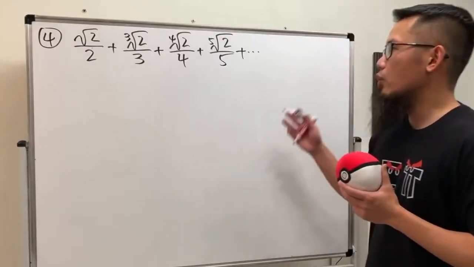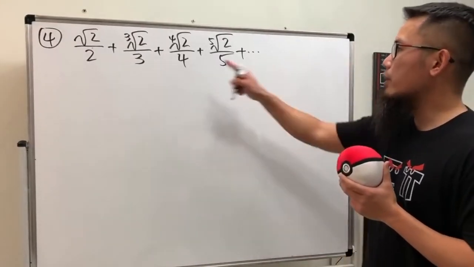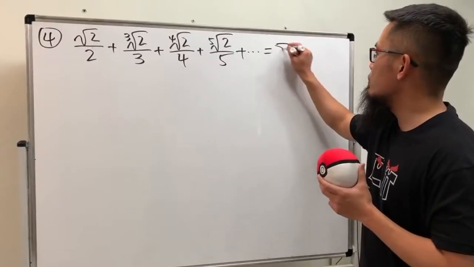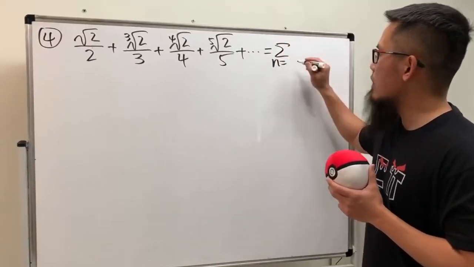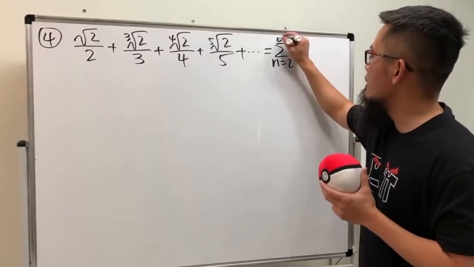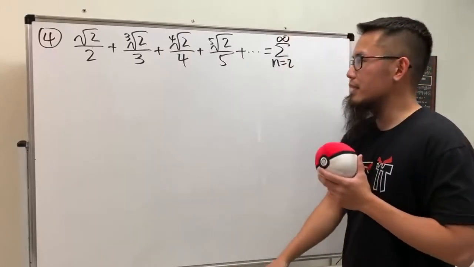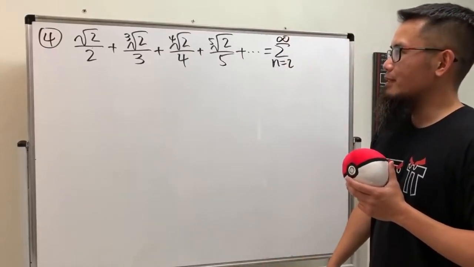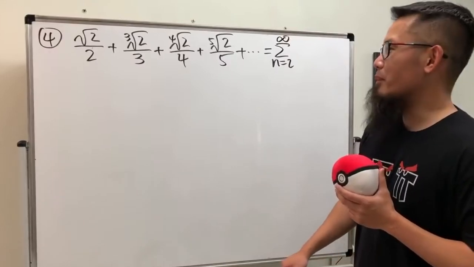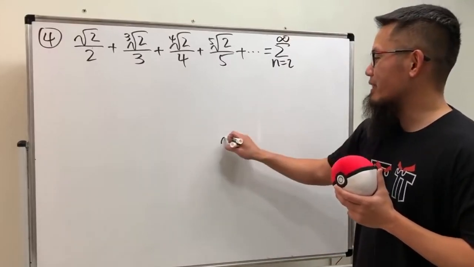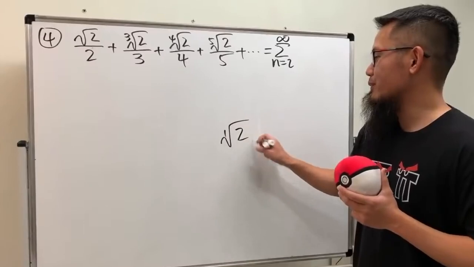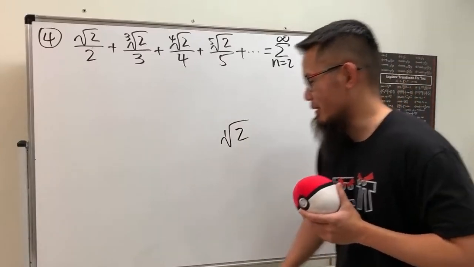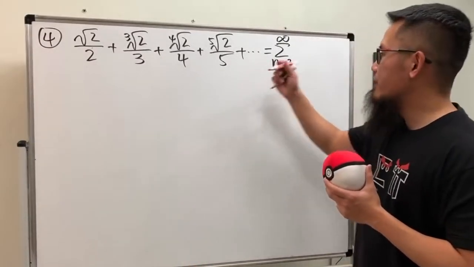Okay, so right here, the deal is that once you write this down in the summation form, start with 2 again. No problem on that. Well, I remember why I didn't want to start with 1, because the first root of 2 doesn't look good at all. So anyway, we have the nth root.